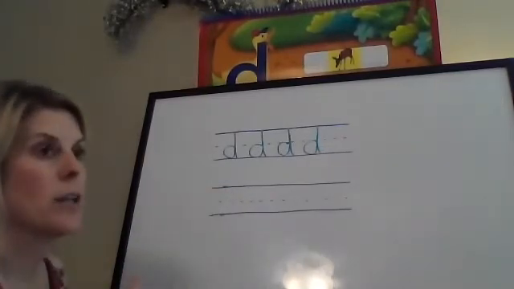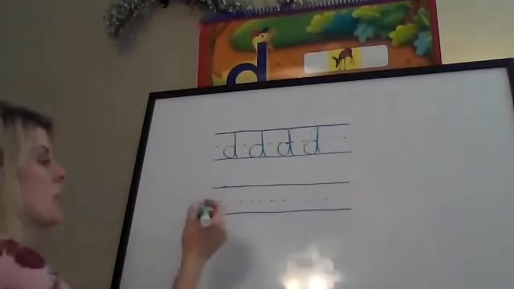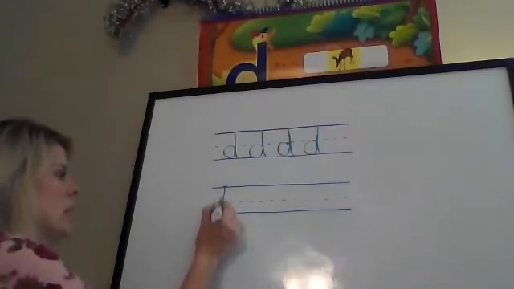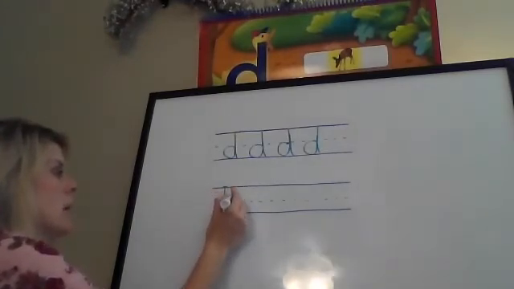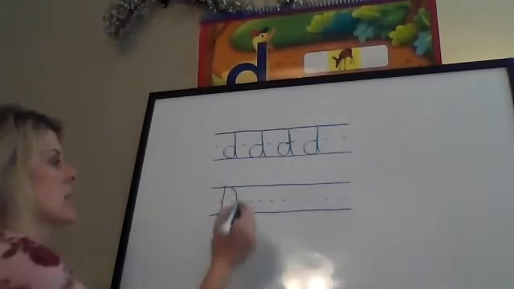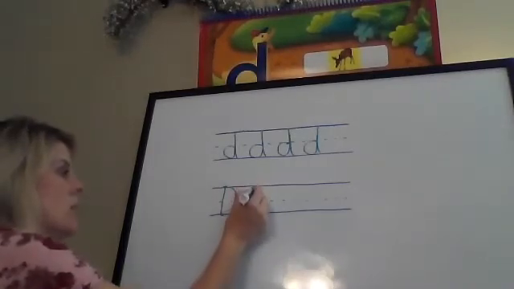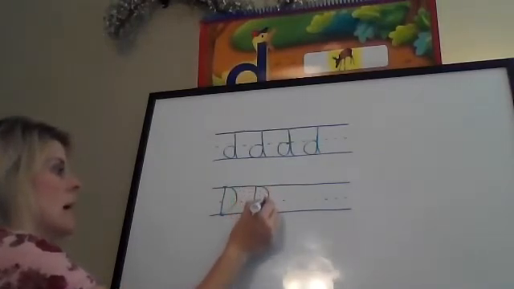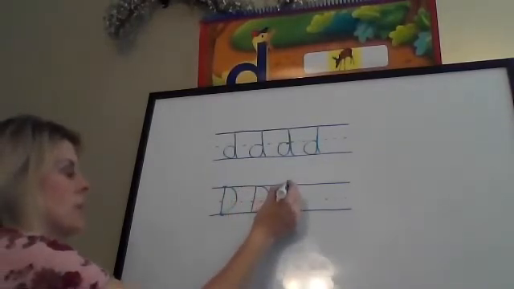Now on this one, you can pick up your pencil or your marker. Start at the top, go down, meet back up, and you're kind of making a belly on it. Start at the top line, go down. You can pick your marker or pencil up, just like that.